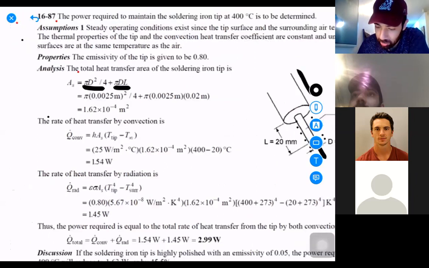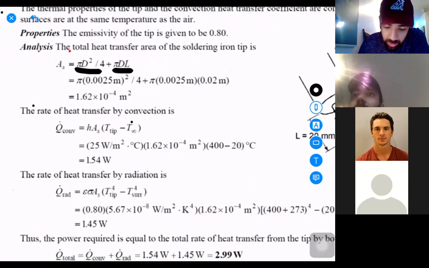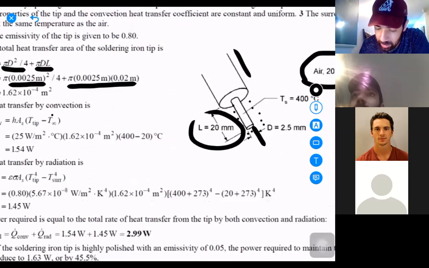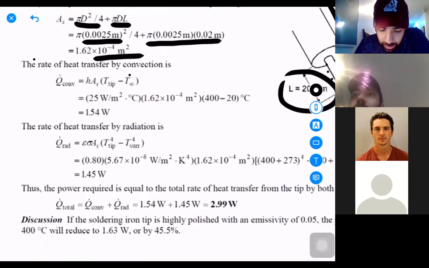The diameter is 2.5 millimeters, so 2.5 times 10 to the power of minus 3, that is 0.0025, squared over 4, plus pi times diameter 0.0025 times the length, which is 20 millimeters, again converted to meters. That would be equal to the total area of 1.62 times 10 to the power of minus 4.